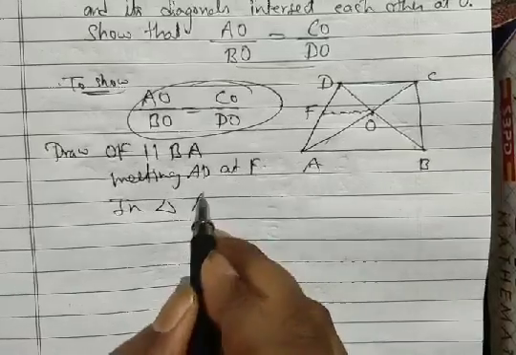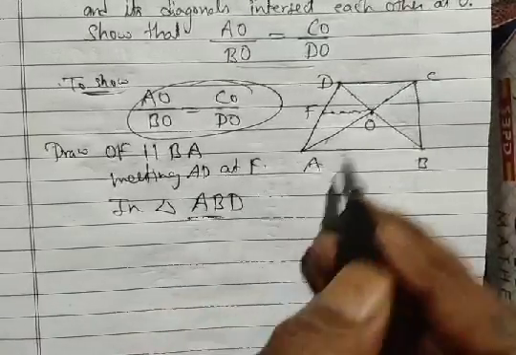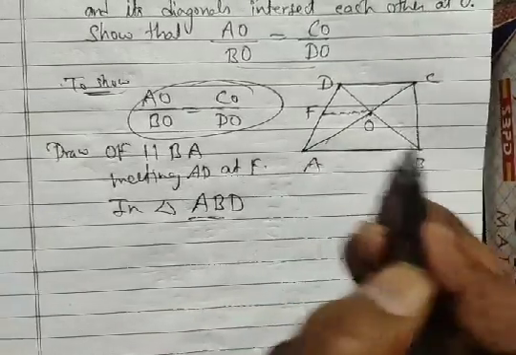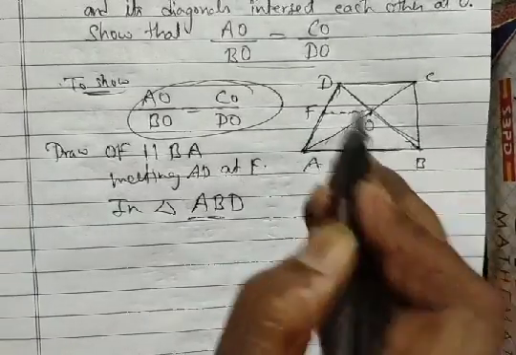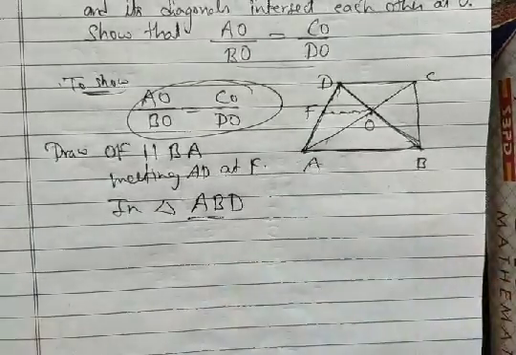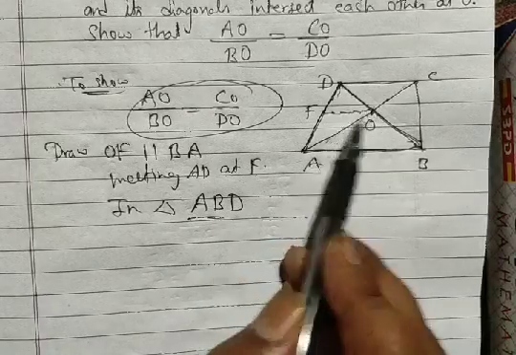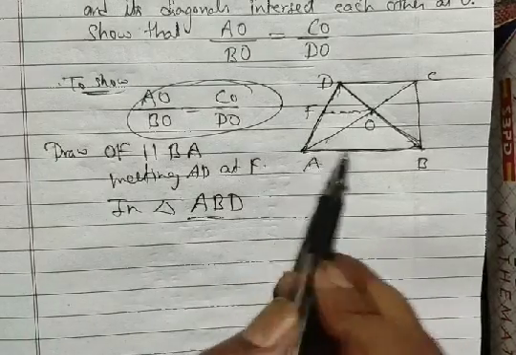Now after the construction, we take triangle ABD. In triangle ABD, we draw a line OF which is parallel to AB.